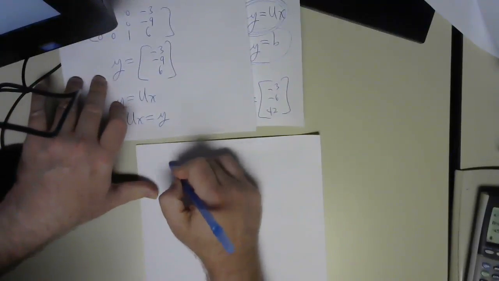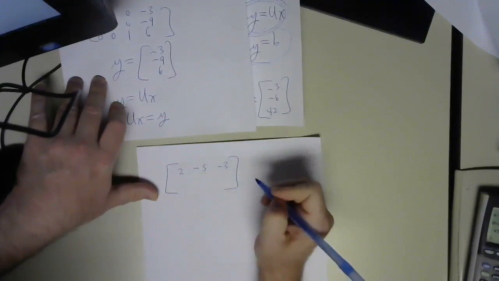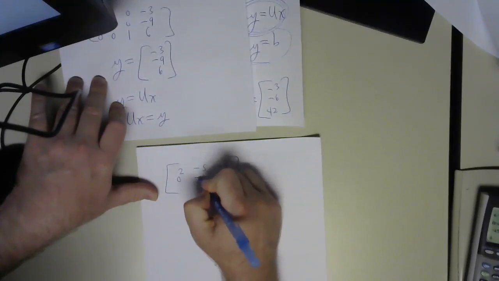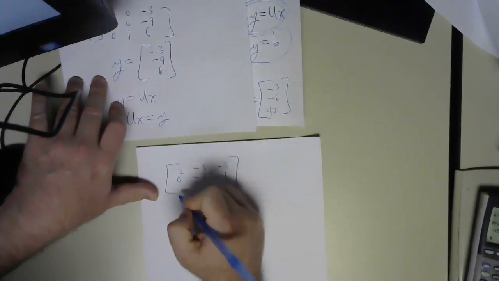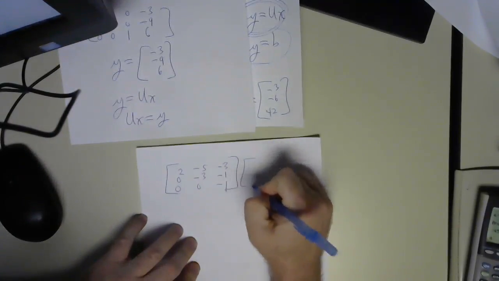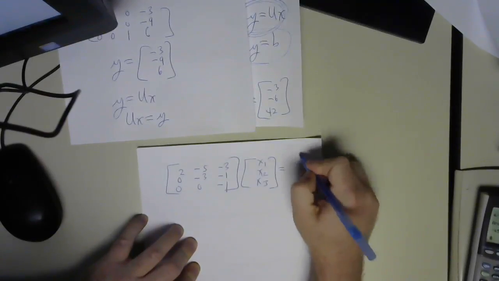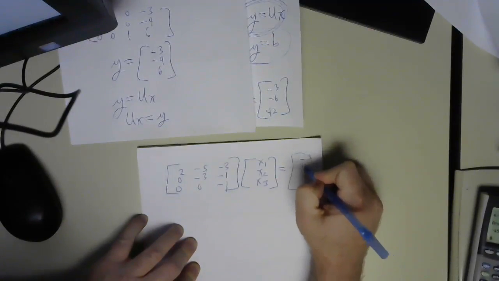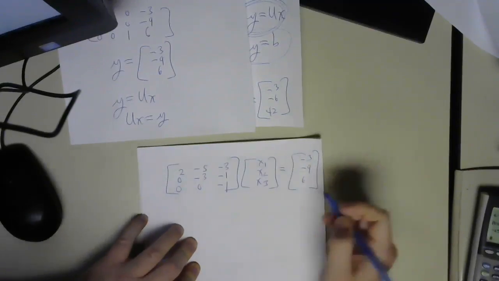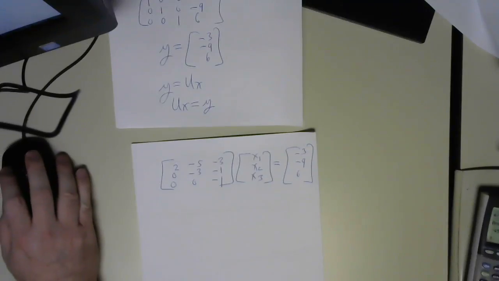Well, here's U. There's my x, and the y I just found is -3, -9, 6. So now I have to solve this system. And the solution of that system will be the answer.